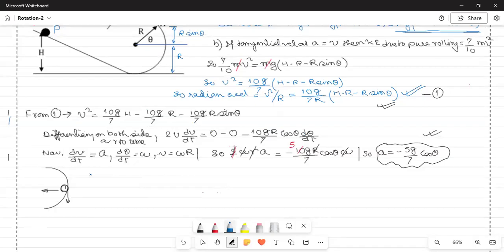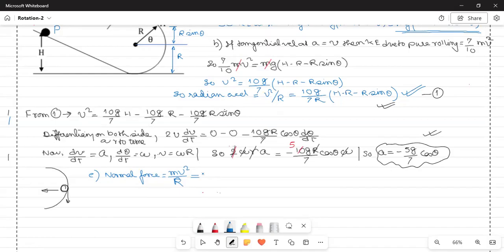Normal force, C part, is equal to mv square by capital R, not small r, as the capital R is the radius of the rotation.